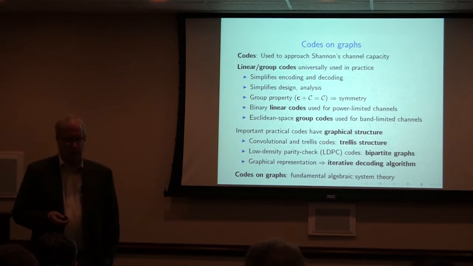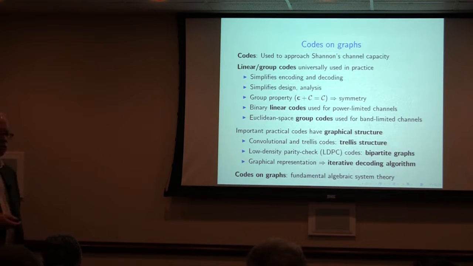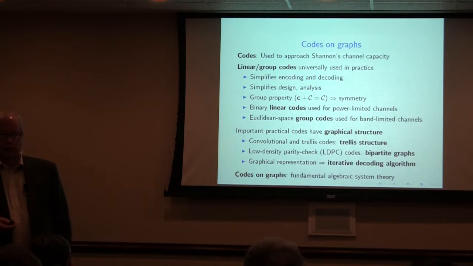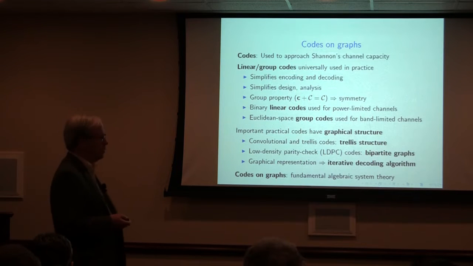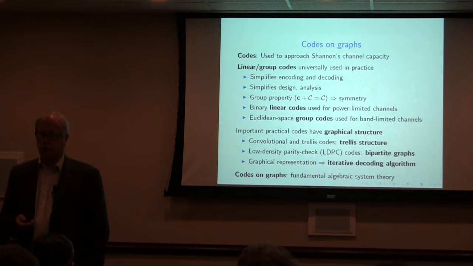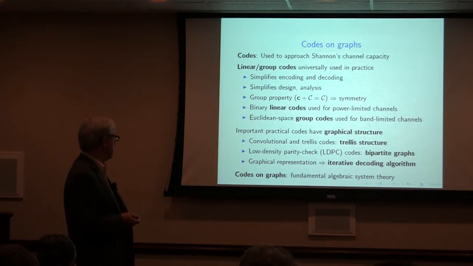More recently, in the last 15, 20 years, there's been an advent of new classes of codes that can actually approach capacity. Low-density parity check codes, which are based on bipartite graphs, which represent the parity check structure of a linear code, binary linear code.